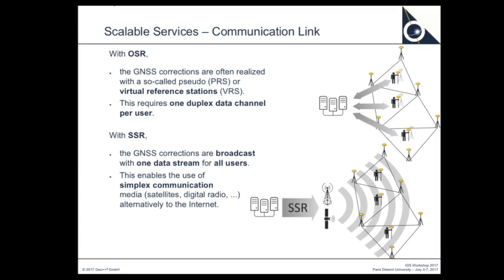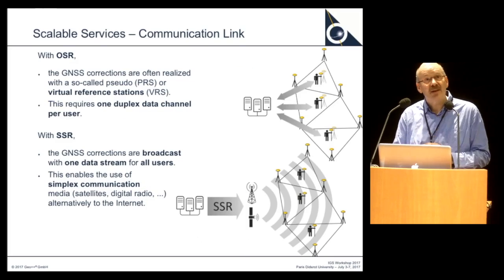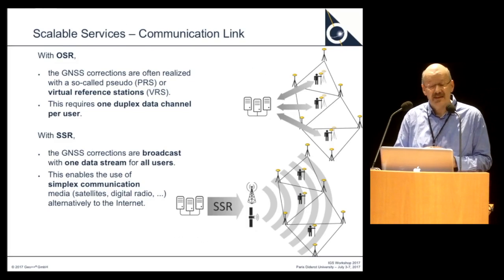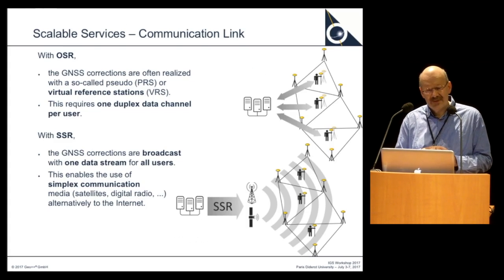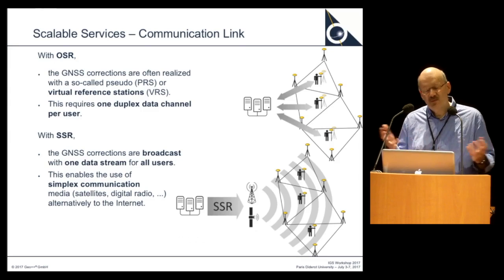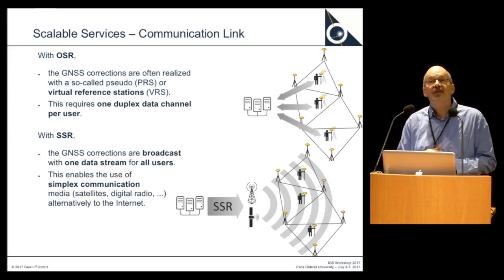So scalable services with SSR. What are the benefits? What we have is we need to bring the corrections to the users. And in this sense, we have to look at the communication link. The classical approach in the observation space, probably you know the term, is a pseudo-reference or a virtual reference station, data you transmit to the user and he applies it. And for this task you need a duplex channel.